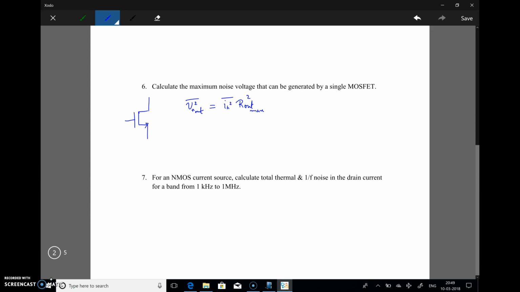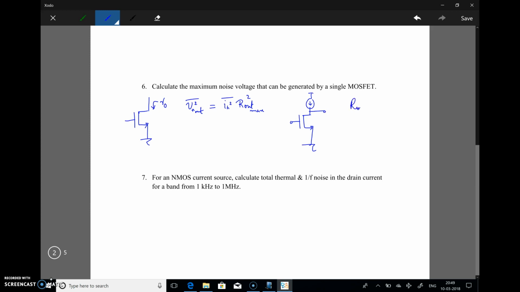To get the maximum output resistance, the maximum resistance of a MOSFET is R0. To obtain R0, if I load this transistor with an ideal current source, my output resistance is R0 parallel to infinity, which is R0, the maximum resistance that can be obtained from a single MOSFET. That in turn will give you the maximum noise voltage.